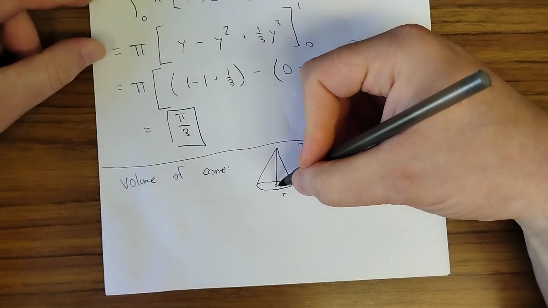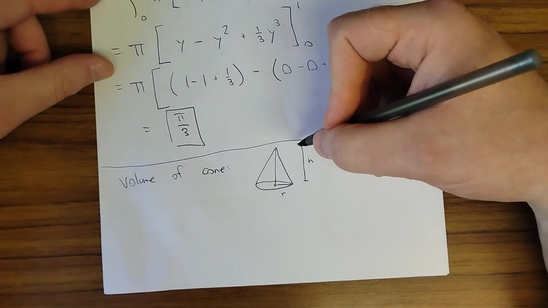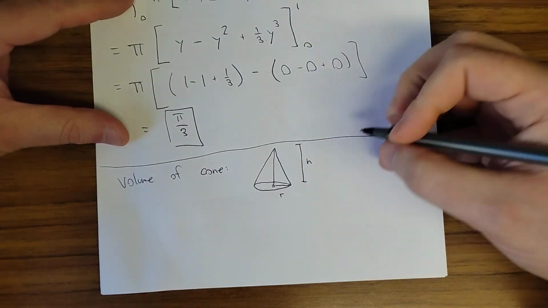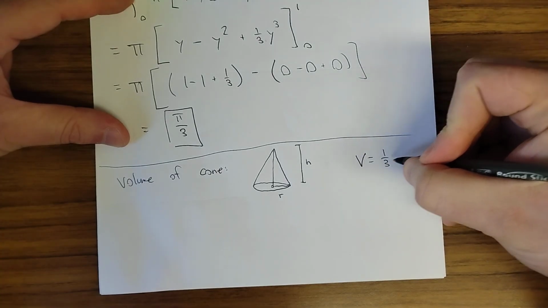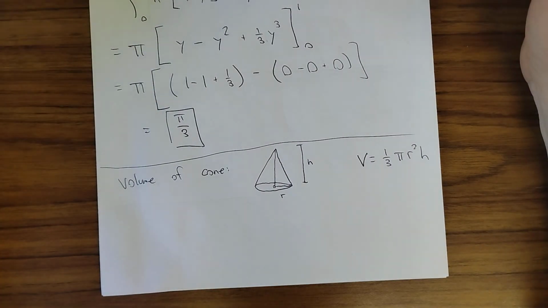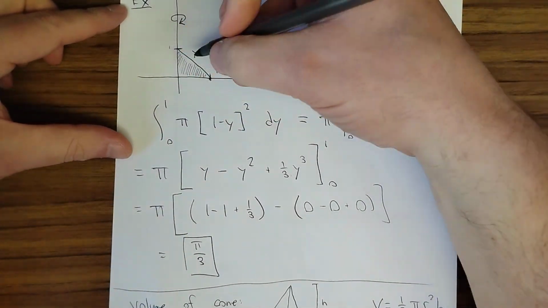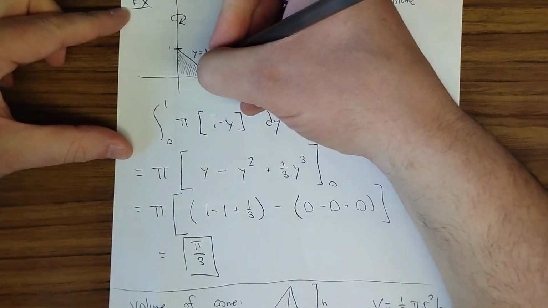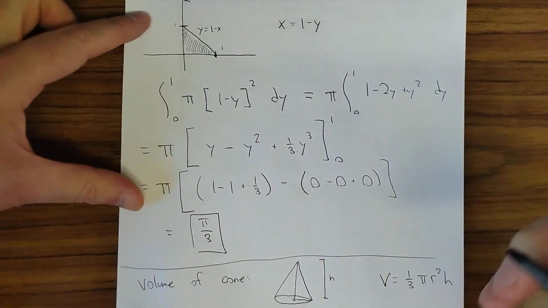The volume of a cone, if the base has a radius of r and the cone has a height of h, is, oh boy, hopefully I remember this, 1/3 pi r squared h. And the cone that we had, the radius, like if we spin this around, the radius would be this distance, so that would be a 1.